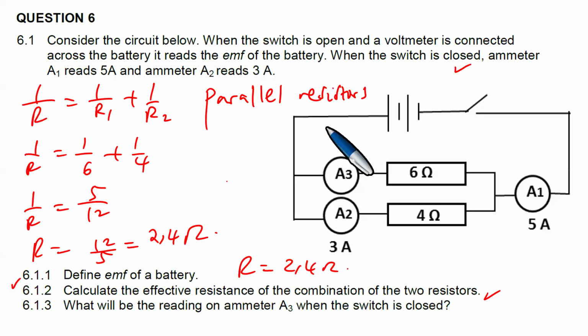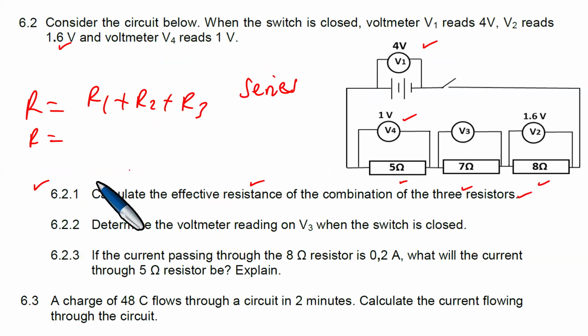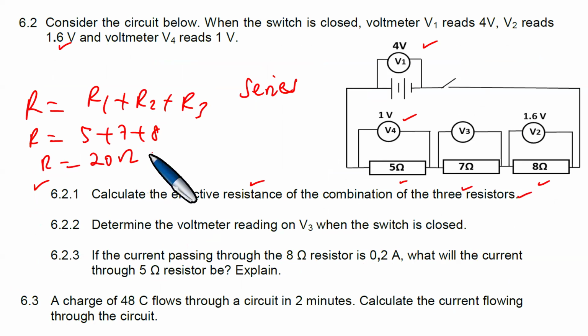This one is for series. So we're going to have 5 plus 7 plus 8, which is 20. The effective resistance for the combination of the 3 resistors is 20 ohms.